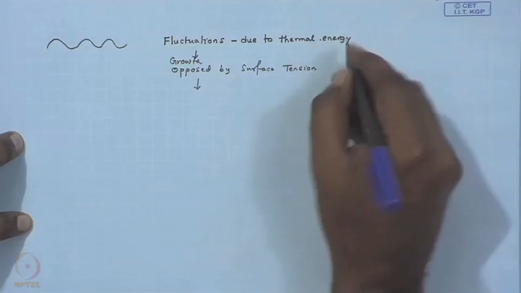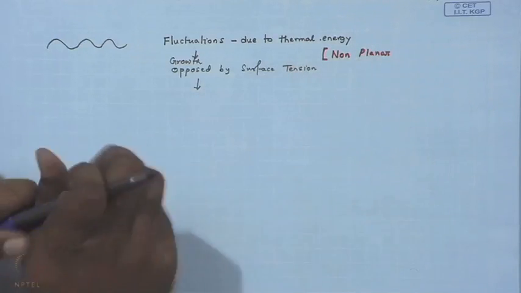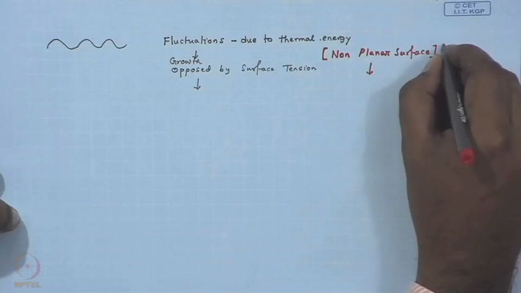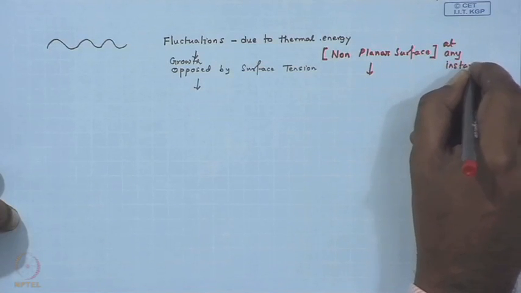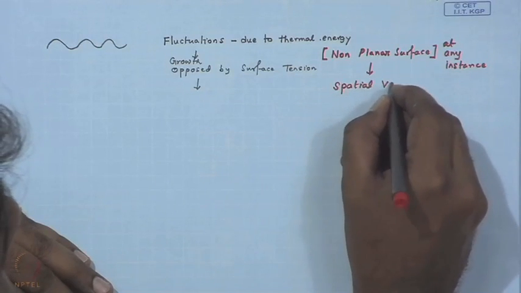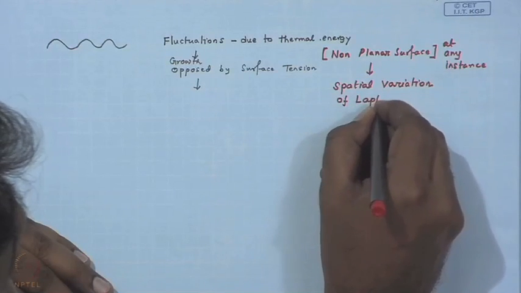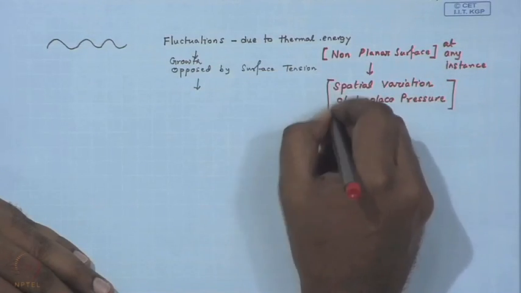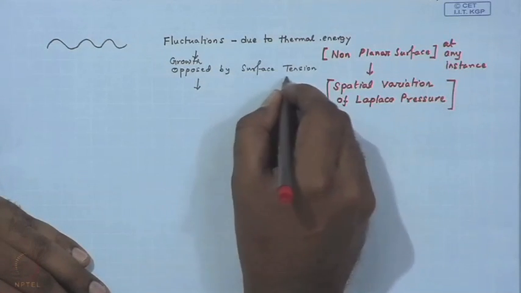These fluctuations also result in a non-planar surface at any instance. This results in a spatial variation of Laplace pressure, and surface tension and Laplace pressure both are a manifestation of the same effect, opposed by surface tension.